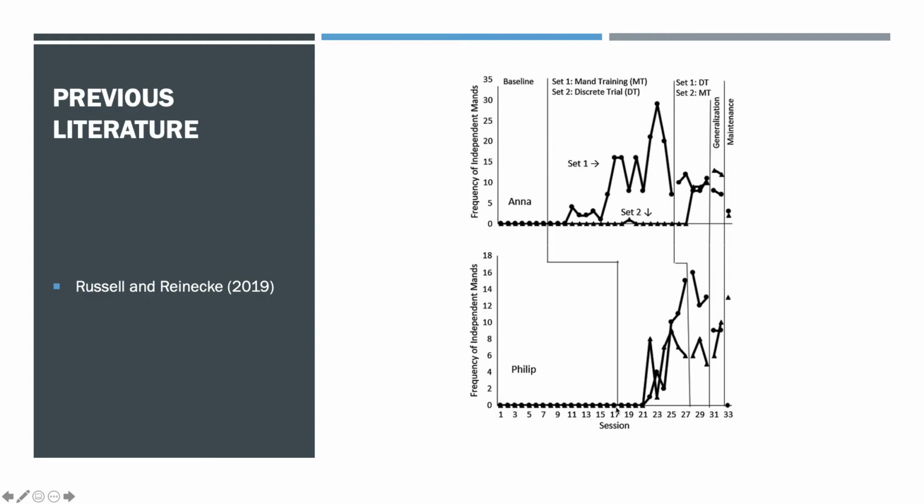Here, we have 2 participants using 2 different main training procedures, similar to what I would be doing. From the data, there was not a clear functional relation for one of the participants. Therefore, they were unable to say that one intervention was more successful than the other.